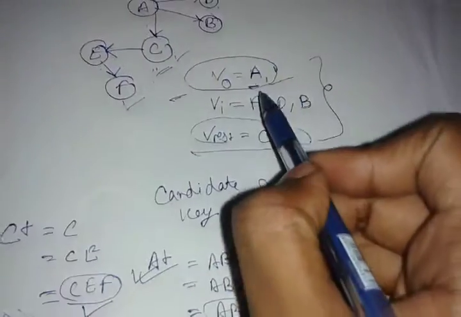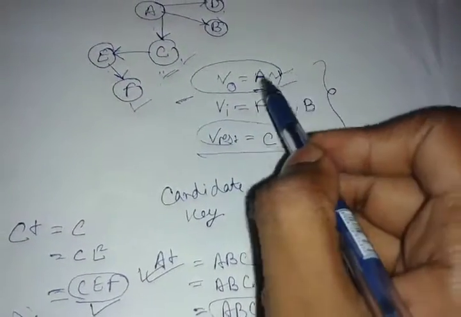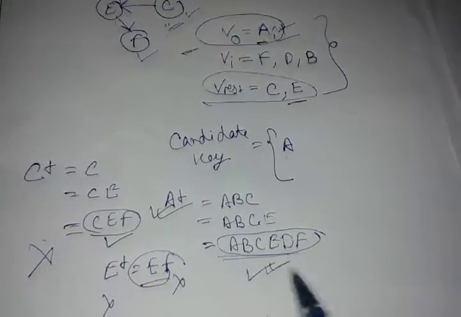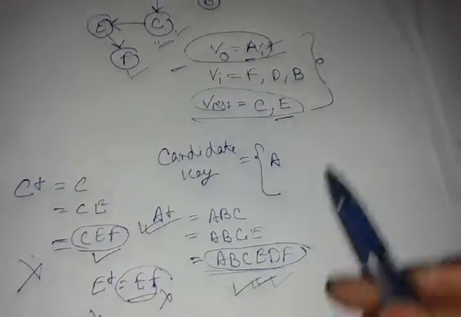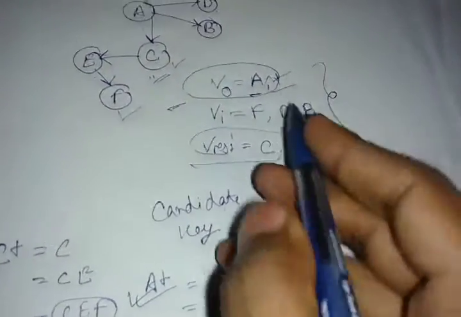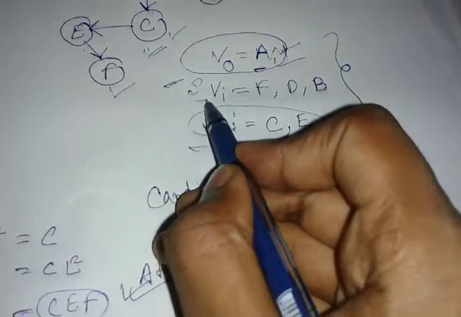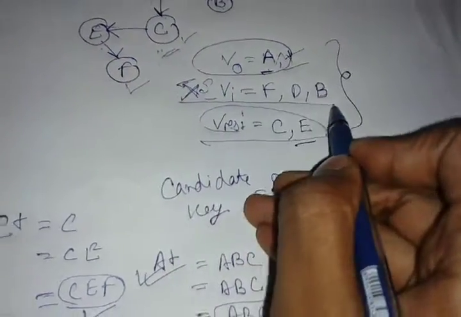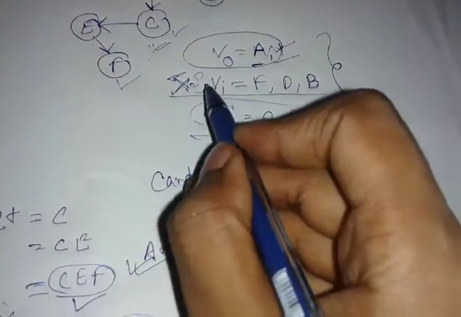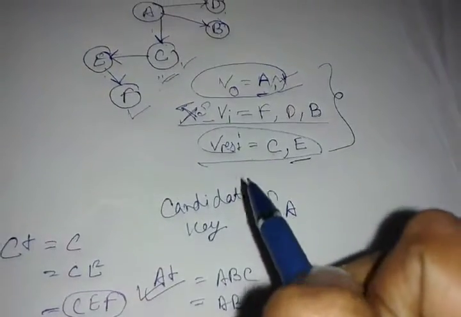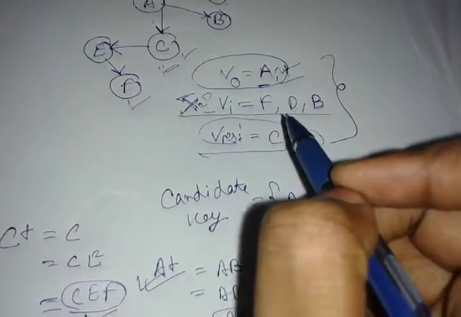So first we saw only the outgoing node A, and we have selected A because all the attributes are coming in this, and after that we only see the rest. Keep in mind, this vertex set you discarded. You cannot take any attribute of this set, because all the arrows are coming inside to this node.